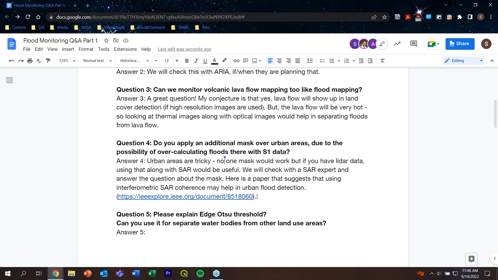But there is a paper I saw that talks about using interferometric SAR coherence, and that might help in better detection of urban flooding. If there is LiDAR information available, that also helps. So you can check this paper out. They have used Sentinel-1 data 6 days apart, and then they have tried to do coherence analysis, and that helps in urban flood detection.